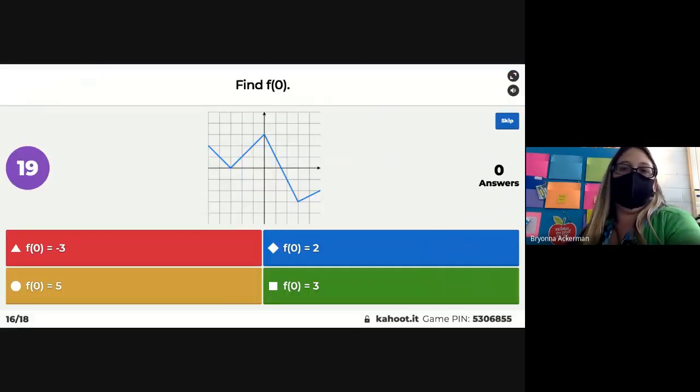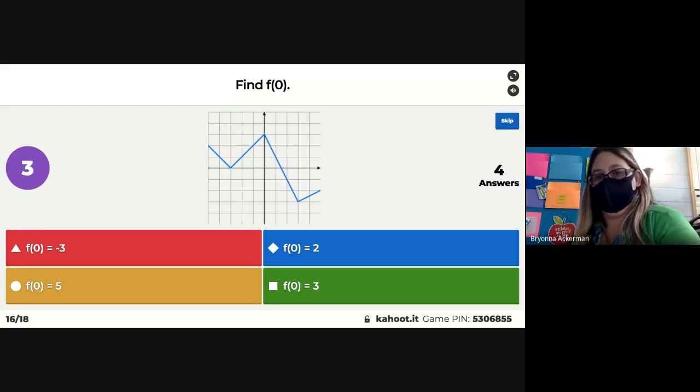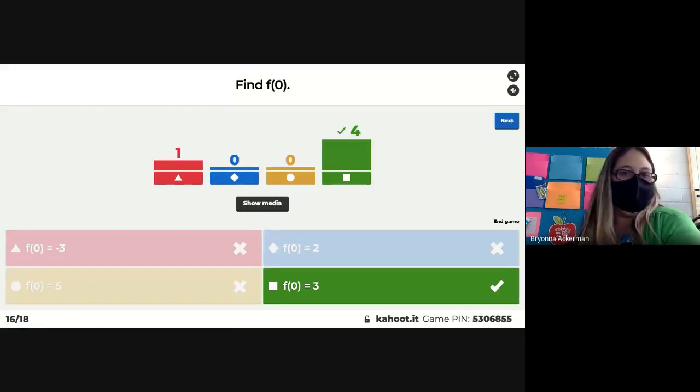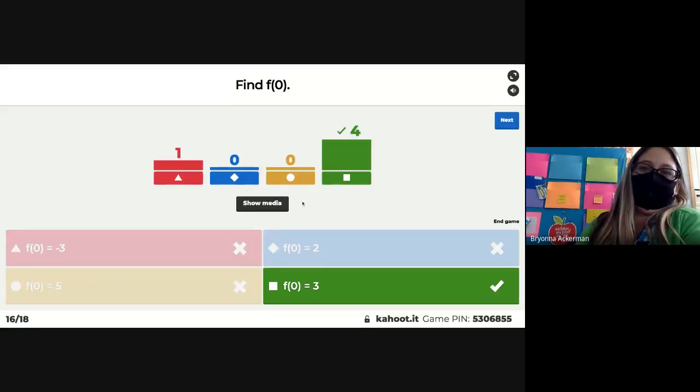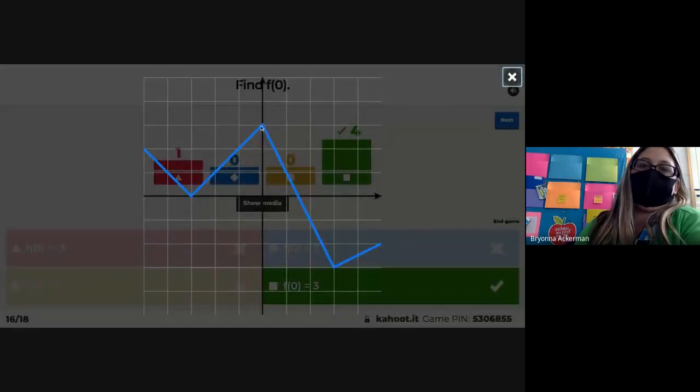F of 0. The input is 0. F of 0. When x is 0, where's y?